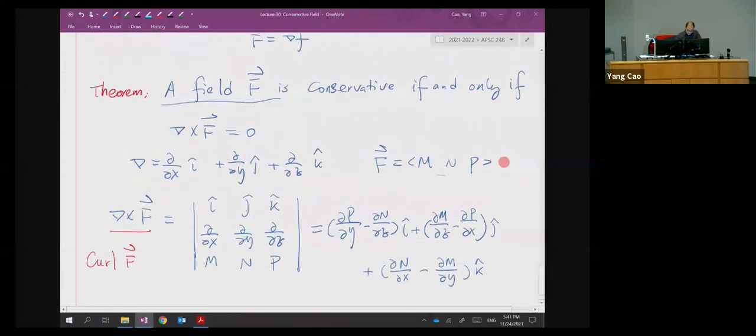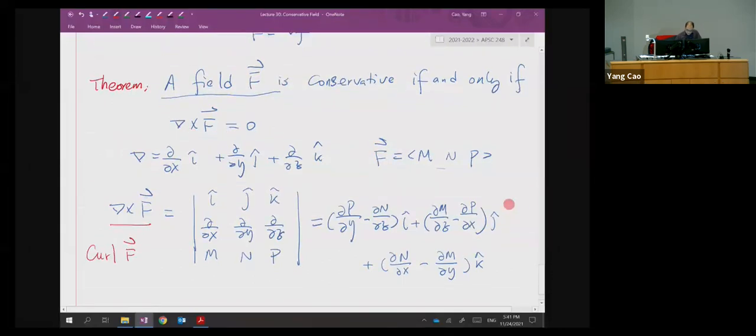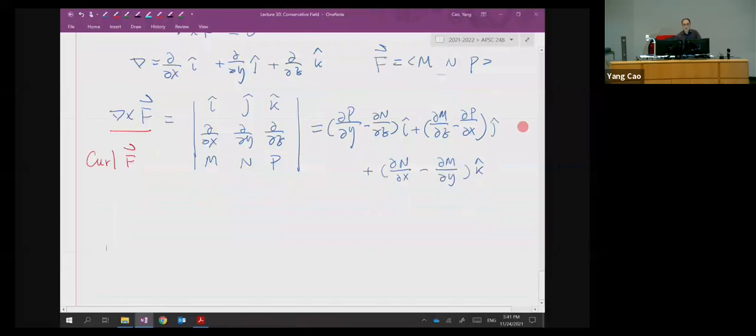According to the theorem, this needs to be 0 so that F is considered a conservative field. If del cross F equals 0, then each component of this vector should be 0, so you get three different equations.